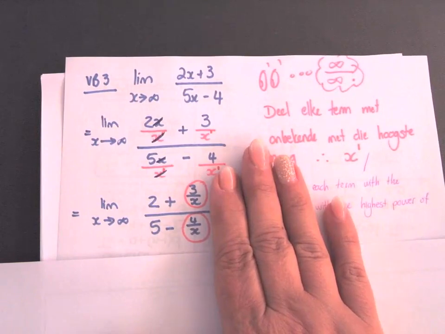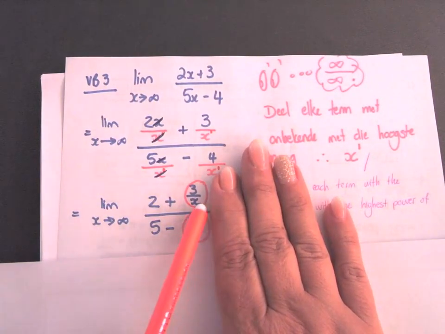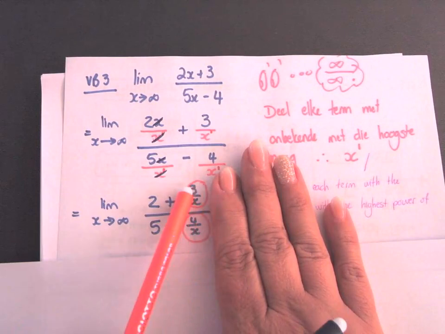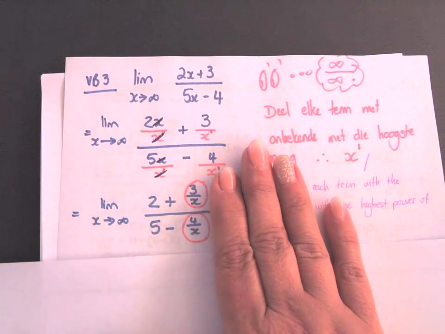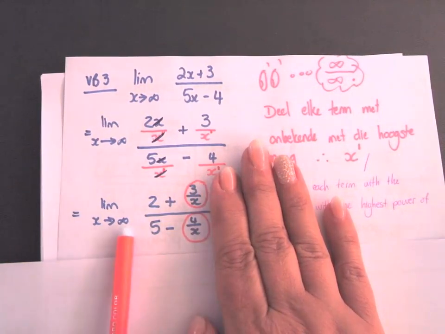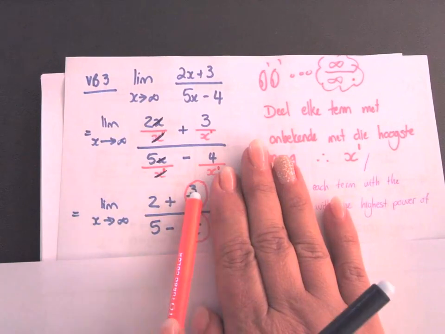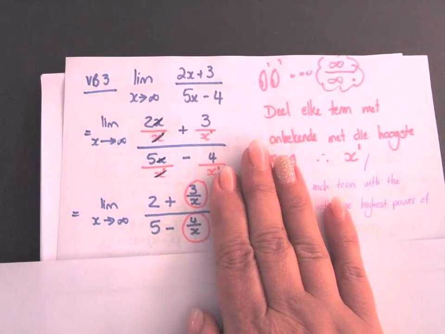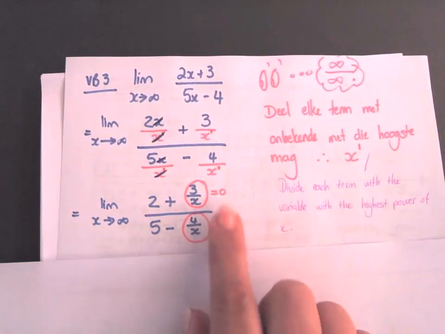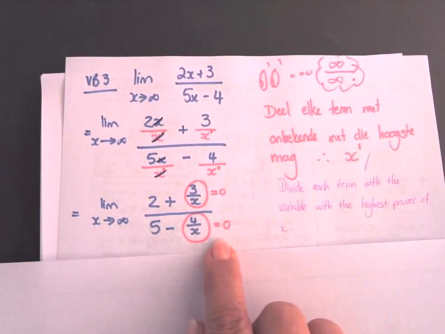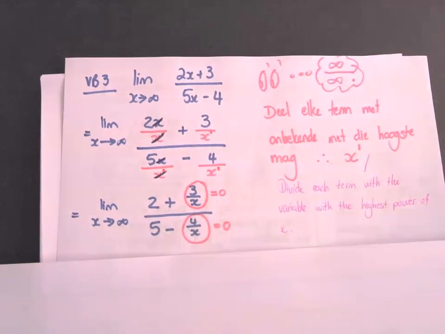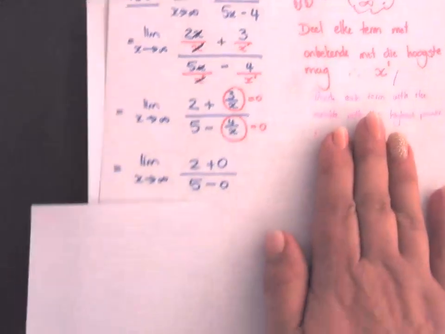Okay. What type of function is that? Hyperbola. If x tends to infinity in a hyperbola, what will I get? 0. Yes. The same for the bottom fraction. So now I have 2 plus a 0 and 5 minus a 0.